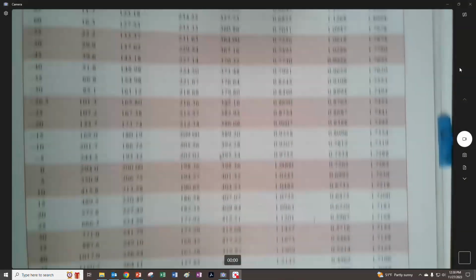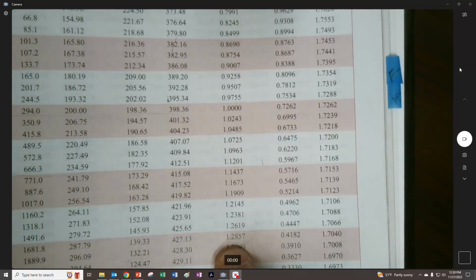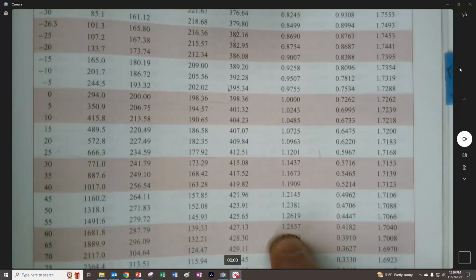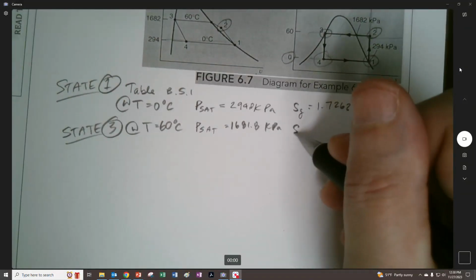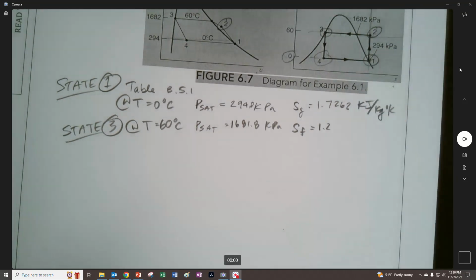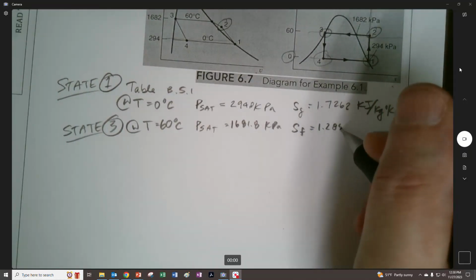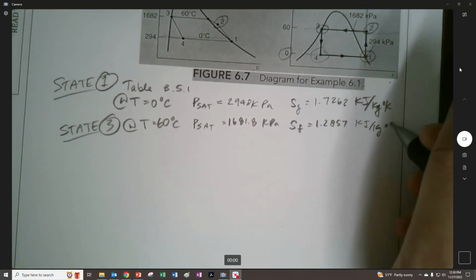So let's go ahead and write this down. That's going to be a fluid at state 3 of 1.2857 kilojoules per kilogram degree Kelvin.